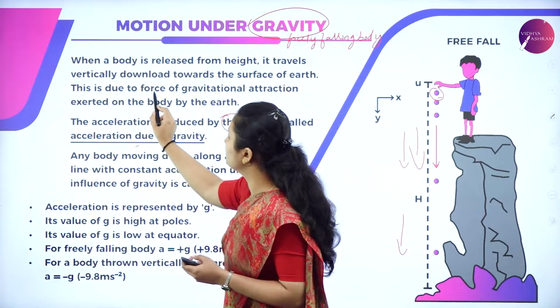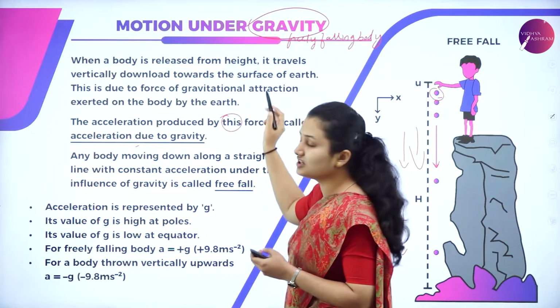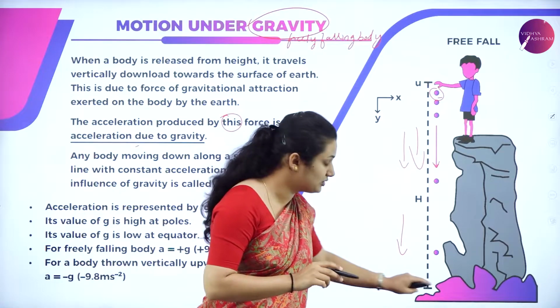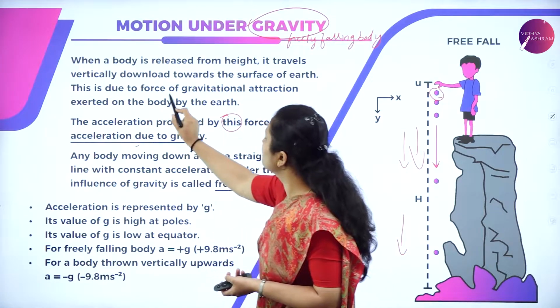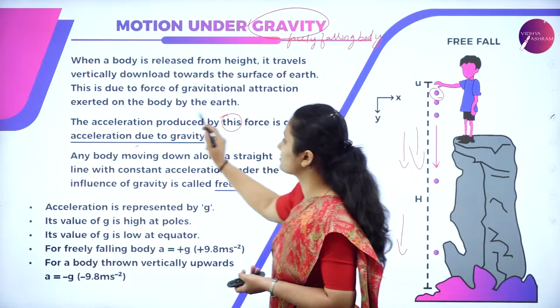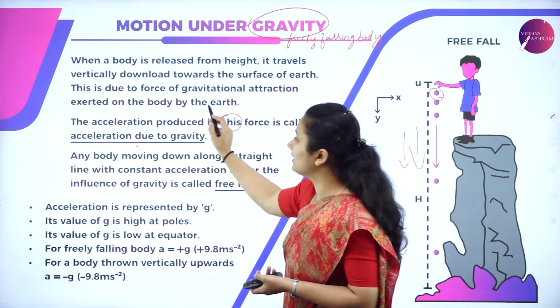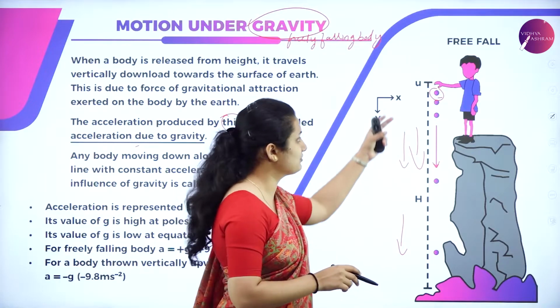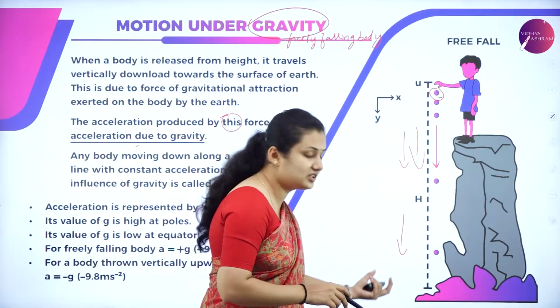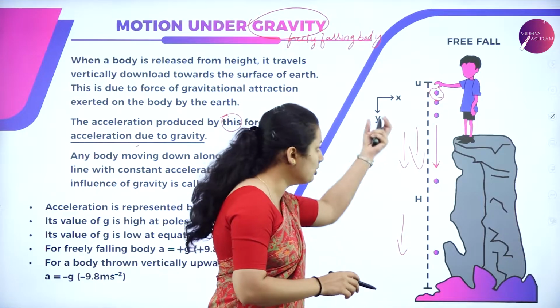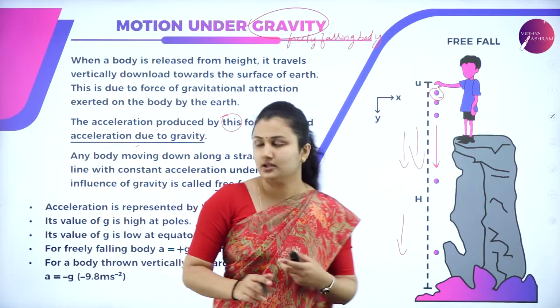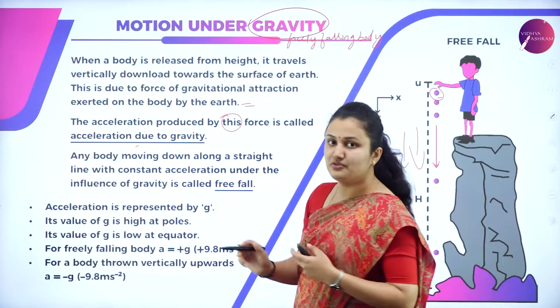This is due to the force of gravitational attraction exerted on the body by the earth. So when the object is falling from the top, it comes under the influence of earth's gravity. Earth's gravitational force pulls this object towards it. That's the meaning of the first point.